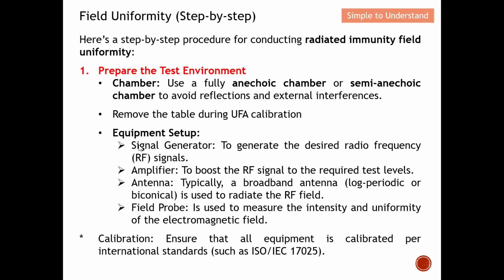First, the signal generator generates a signal and passes it to the amplifier. The amplifier passes it to the antenna. The antenna converts the electrical signal into an electromagnetic wave, which then propagates inside the chamber. Next, we have the field probe to measure the intensity of the electromagnetic field.